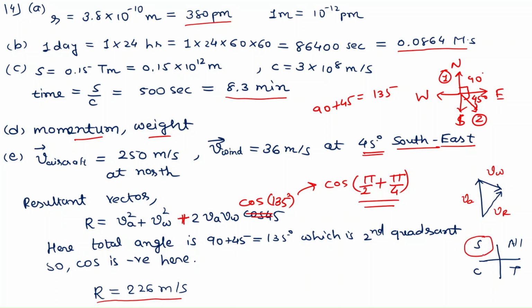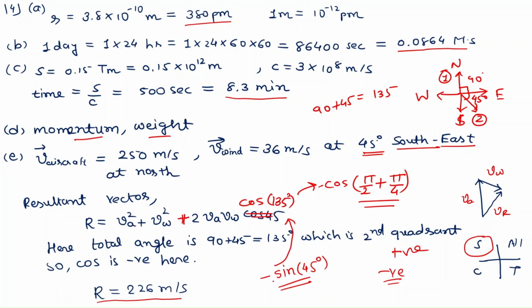In the second quadrant, sine is positive, and all others are negative, because pi by 2 is here.